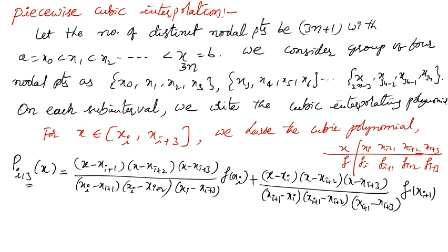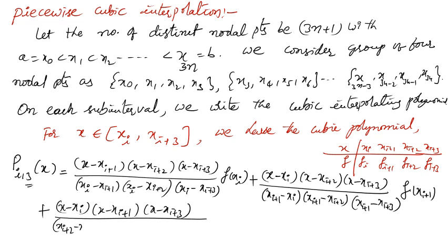F of xi plus 1. And next, the third term is: delete the difference x minus xi plus 2 and write the remaining differences, x minus xi, x minus xi plus 1, x minus xi plus 3, whole by replace x by xi plus 2.